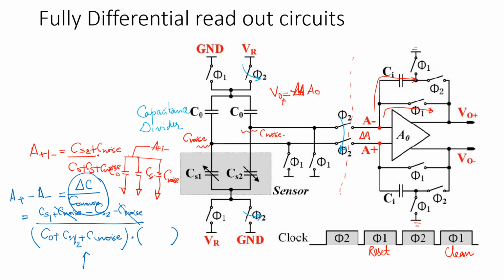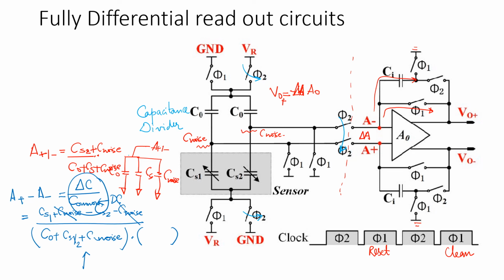All our methods in differential are to try and reduce this common factor, and this common factor effectively becomes a DC component in the voltage. And this DC component can be easily removed by passing through a capacitance, because the DC component doesn't pass through a capacitor.